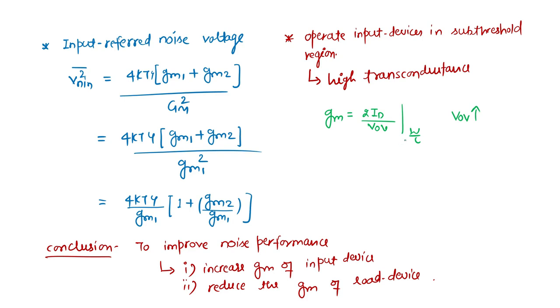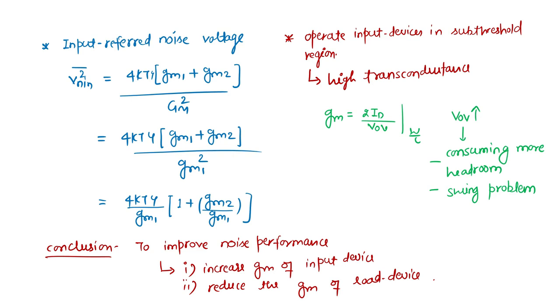And increasing the overdrive means we are consuming more headroom. It means swing problem. So this is the limitation. And this is one way: if we increase the overdrive voltage, we can reduce the GM of the loading device.